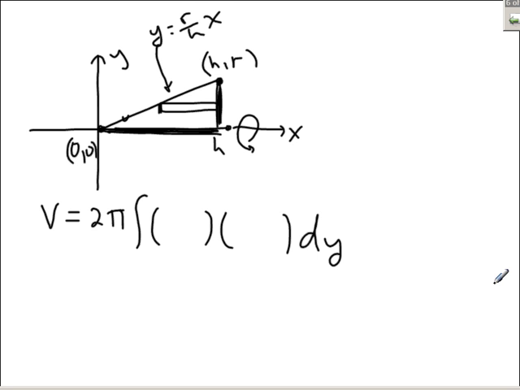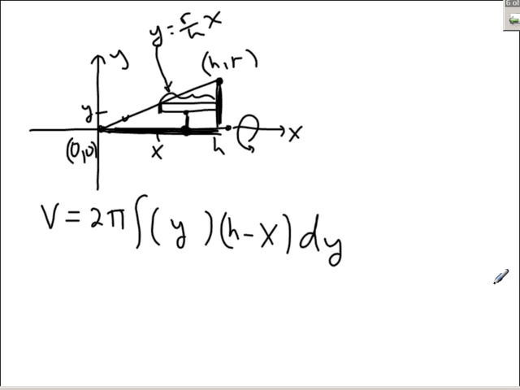Okay. The question is, what is the radius? The radius, as I said many times, is the distance between the strip and the line we are revolving around, right here. This here is the radius. But that's just y. The radius is y. Now, what is the height or the length of this strip? How long is that? Okay. And the answer is going to be h minus x.